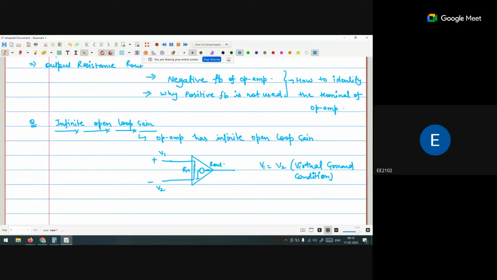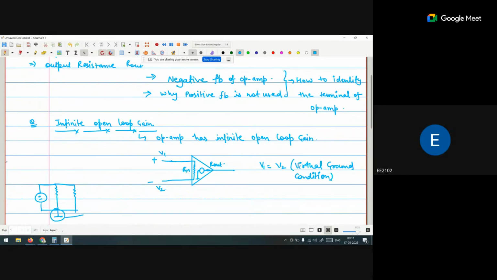Basically, in electronic devices, we connect one battery, one resistor, and all are connected to ground. This is the ground symbol.